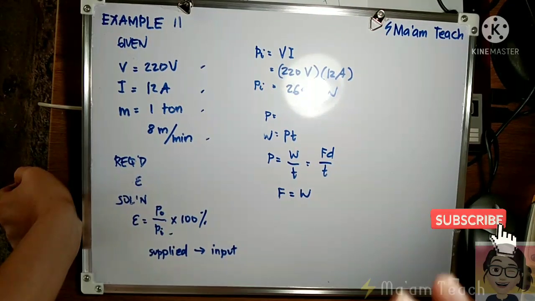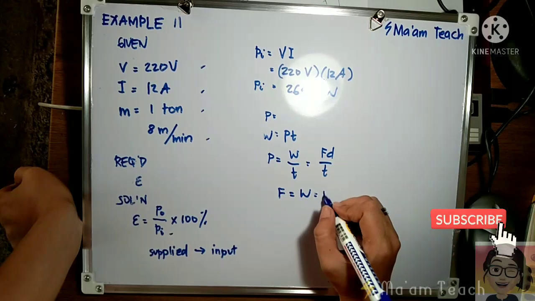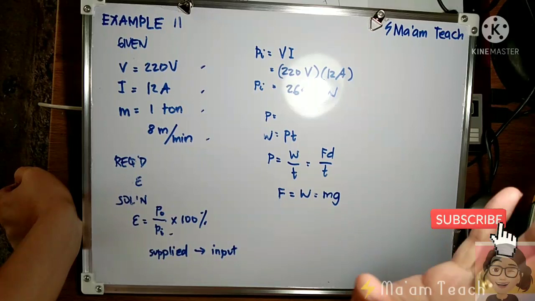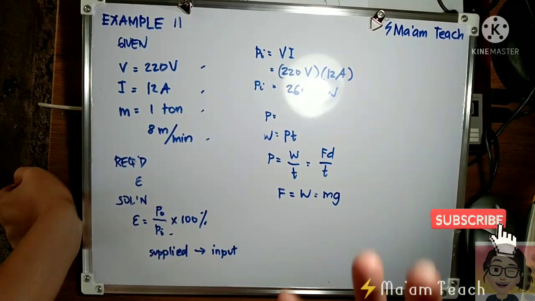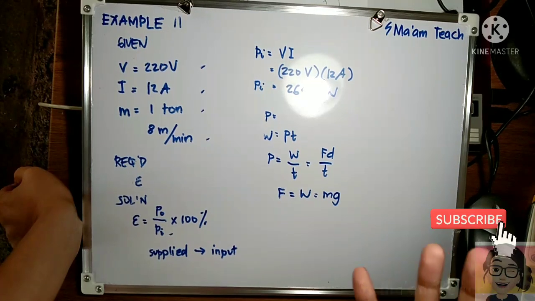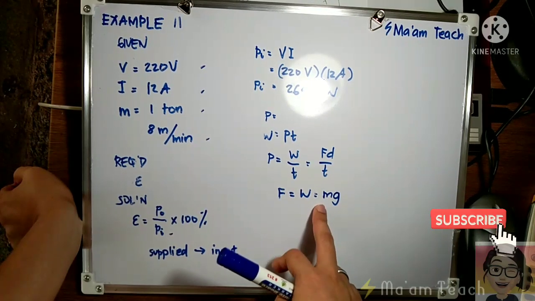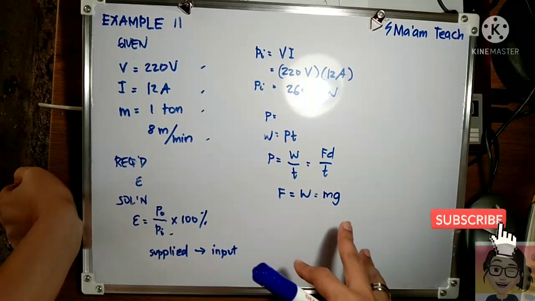Our force refers to the downward force, which if we compute, weight is mass times the acceleration due to gravity. Because if you notice, class, the direction of the hoist is going up. So it will lift the weight of the hoist itself, and it will be computed as mass times gravity.